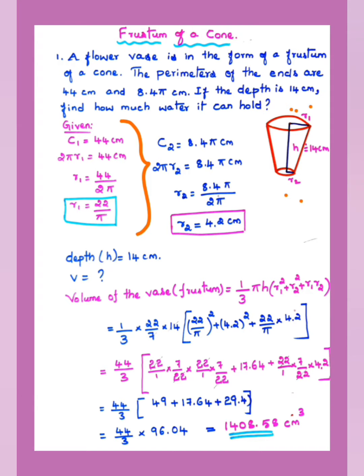C1 is equal to 44 centimeter, and you know the formula to calculate circumference of the circle, that is 2 pi r. Since C1 is equal to 2 pi R1, that is 44 centimeter. Here R1 value we need, so shift this 2 pi to the other side, becomes 44 divided by 2 pi, and 2 ones are 2, 2 22s are 22.